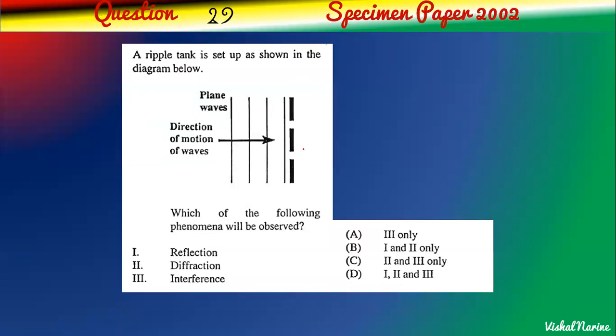I have B, A, B as popular answers, so let's look at them. Is reflection going to occur? Yes, because when the plane waves hit this barrier, we expect that some of them will rebound. So reflection is correct.